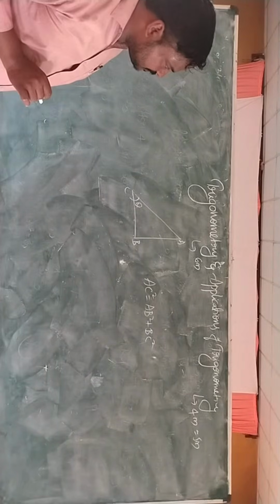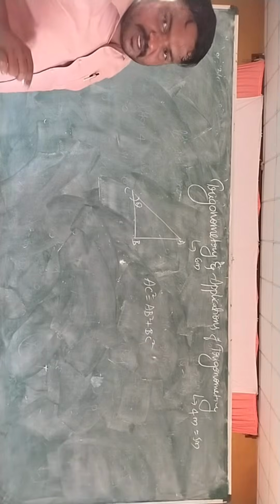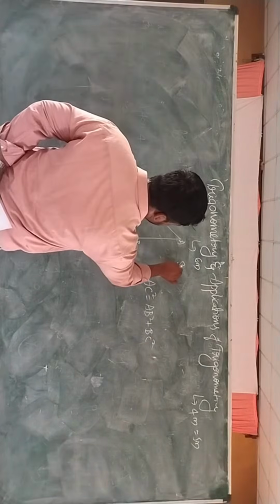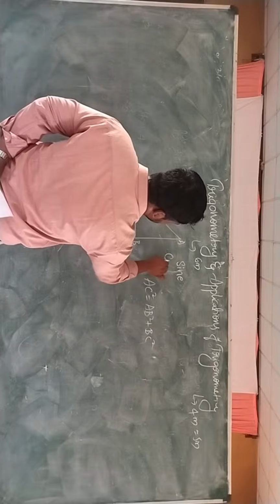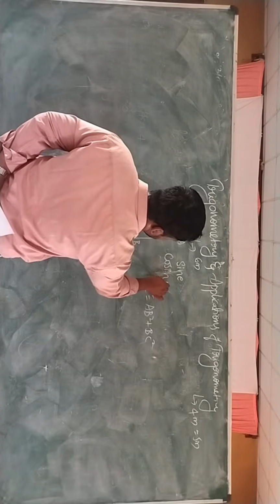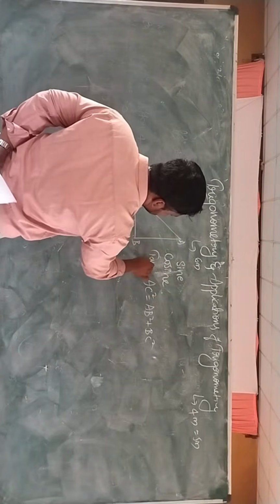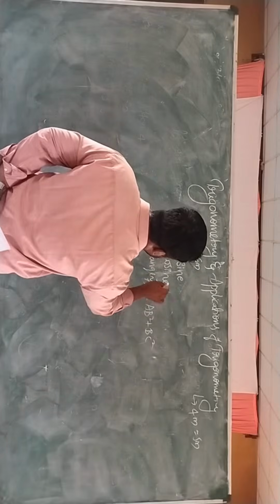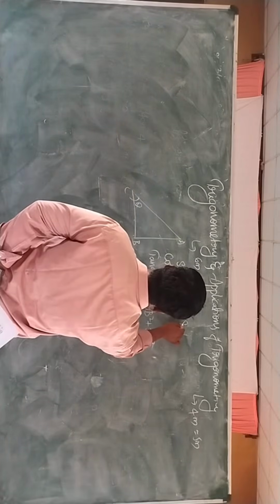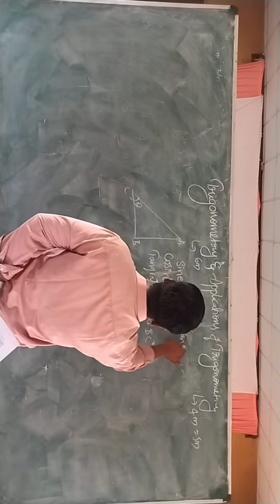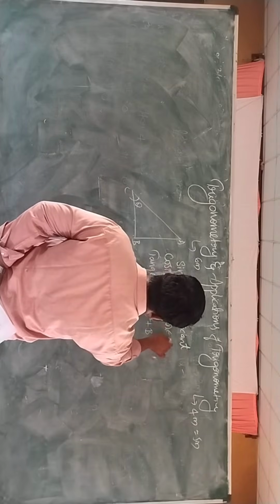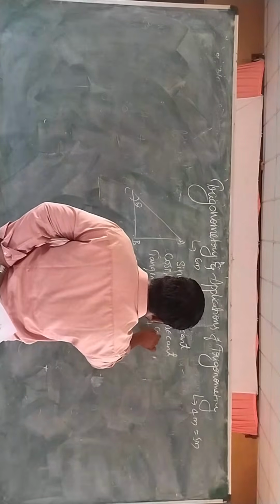So here there are total 6 functions. First one is sine. Next cosine. Next tangent. The next secant. The next cosecant. The next cotangent.